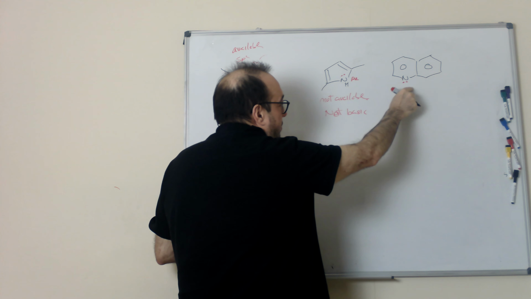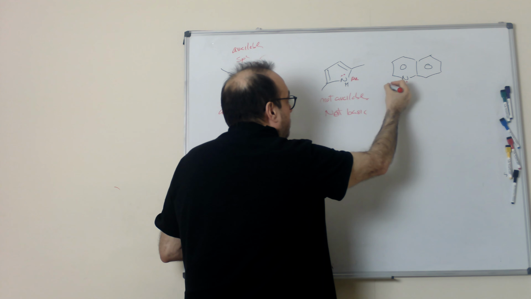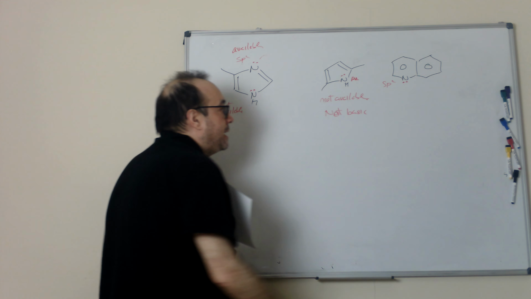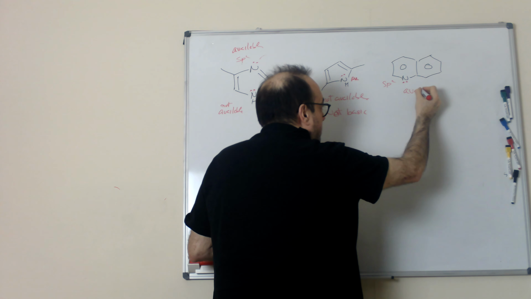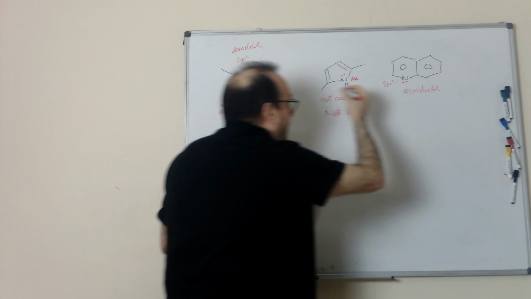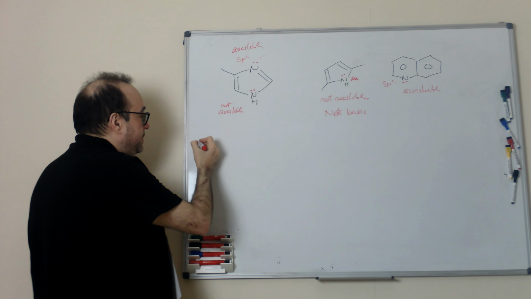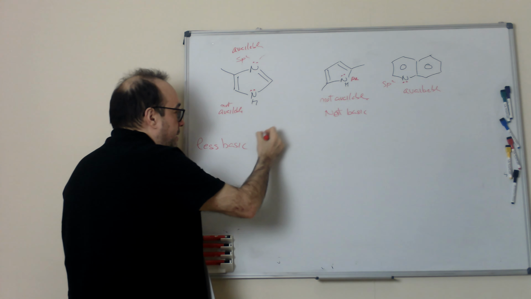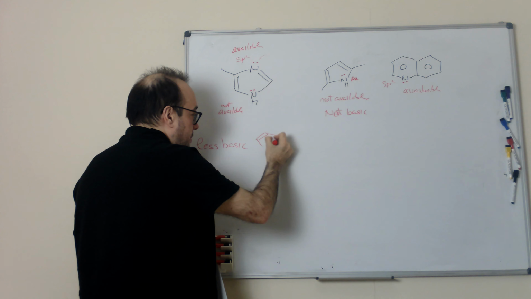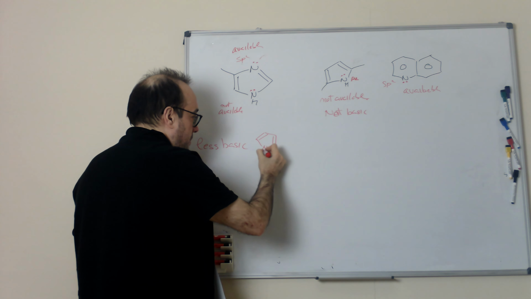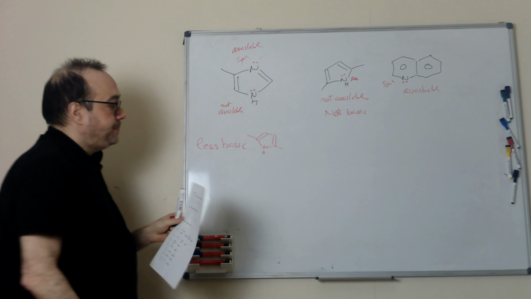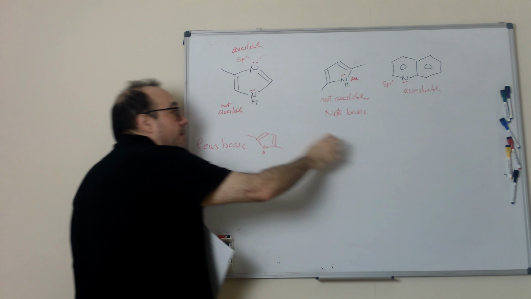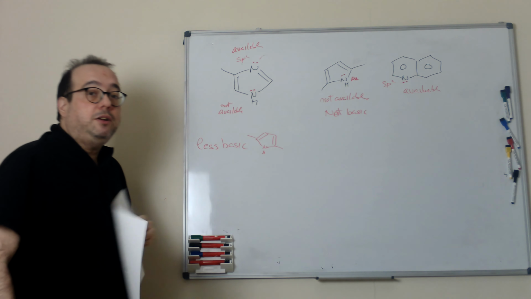The pair of electrons of the nitrogen are in an sp2 orbital, which means they are available. Clearly, the least basic is the pyrrole. Then these two compounds, the imidazole and the quinoline, are basic.